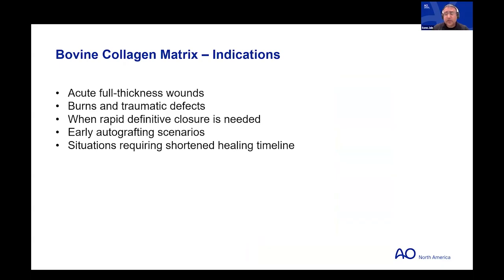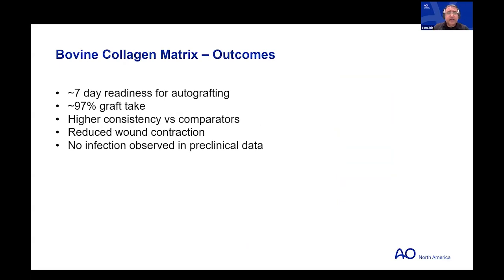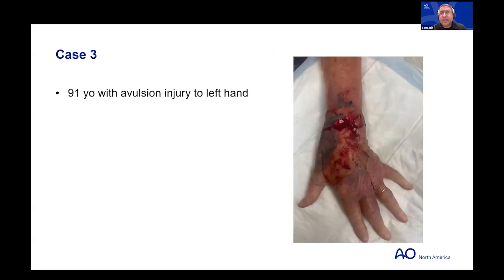This one heals a little faster, as it's marketed as such for those cases. So it's thought that these can be ready for even autografting in 7 days, and has a very good graft take. It's more consistent in terms of the profile compared to competitors, with reduced wound contraction, and no observed infections in preclinical data.